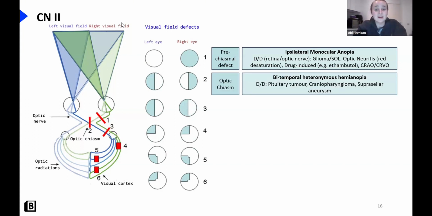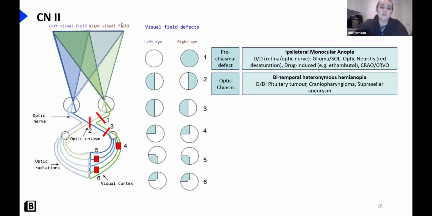So your optic chiasm defect is your really classic medical school one, and that's because it can be caused by compression from the pituitary. A really common cause is a pituitary adenoma, where the pituitary gets bigger and compresses on the optic chiasm, and then affects the nerves that cross, which are your nasal fibres, which affect your temporal fields.